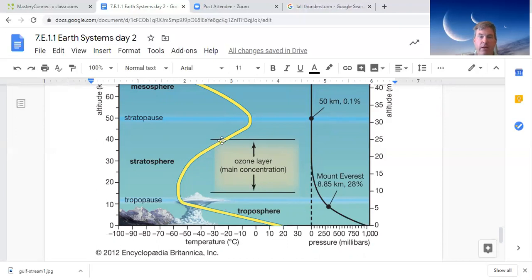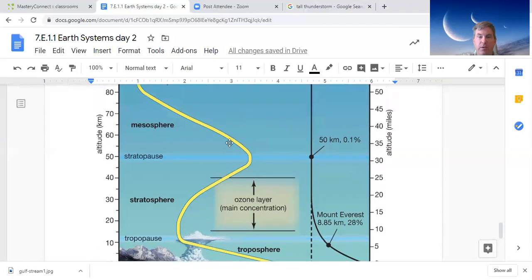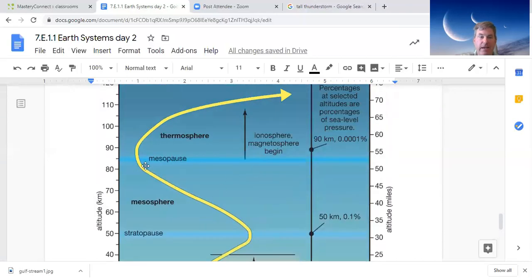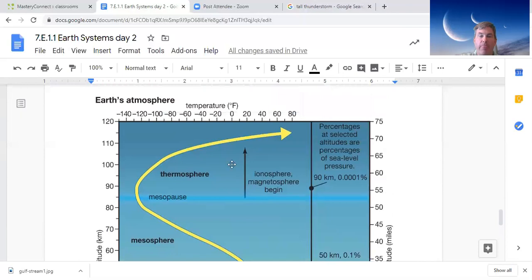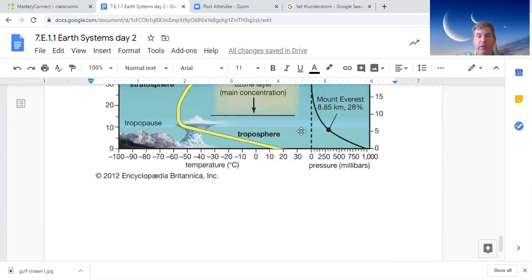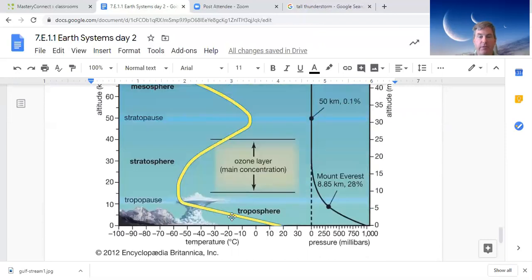It starts wandering back up and it hits the stratopause, wanders back down. Here's the coldest place on the planet, right here, at the mesopause. And then as we start climbing higher in the thermosphere, the temperature starts climbing back up again. So that's why we have the layers that we do, and that's why we give the boundaries that we do, because it's based on the temperatures.